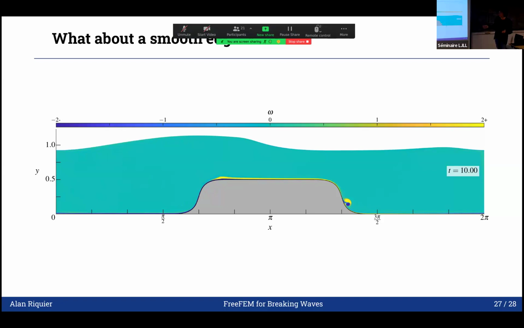So even in the case of an infinitely differentiable bottom, there is a threshold of curvature at which the boundary layer becomes unstable, and these vortices appear. And this even surprised some fluid mechanics people. So it was a rather interesting thing.